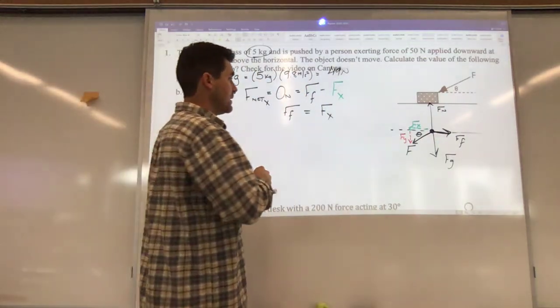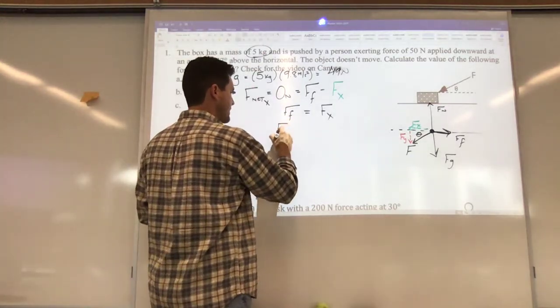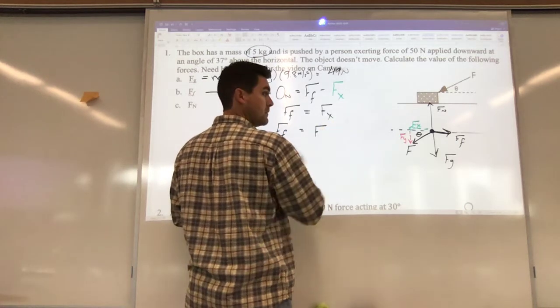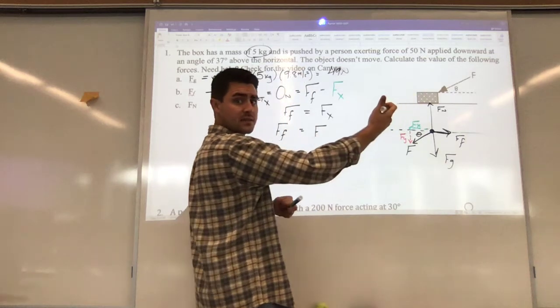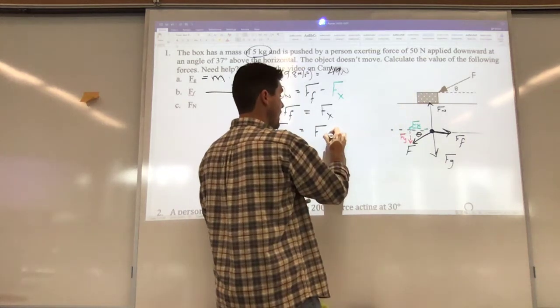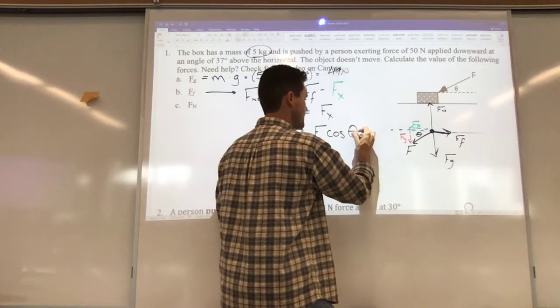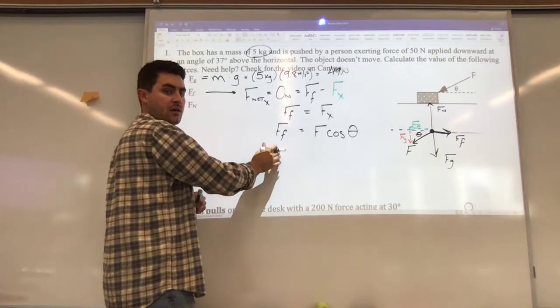So I'm going to substitute in for Fx. I'm going to say the force of friction is still equal to F applied times, this is the adjacent side to that angle, so force applied cosine of theta is going to give me my Fx, which in turn is going to tell me my force of friction.